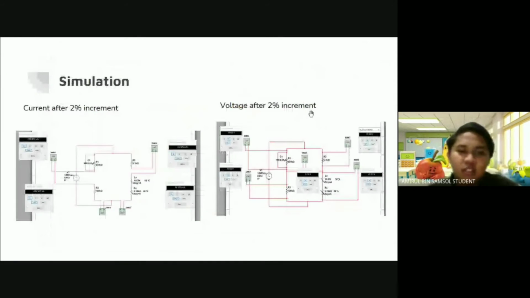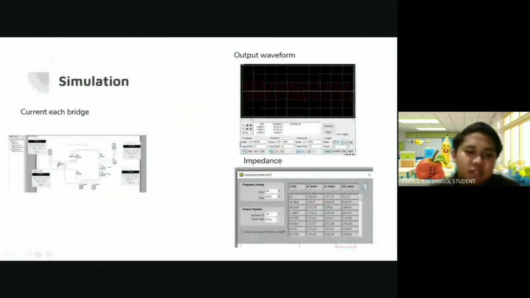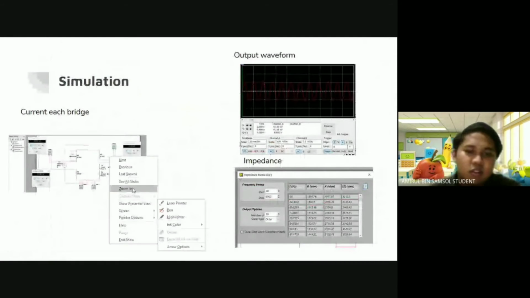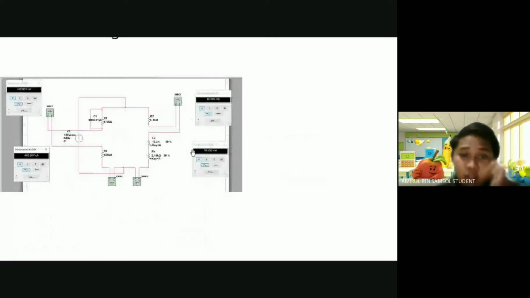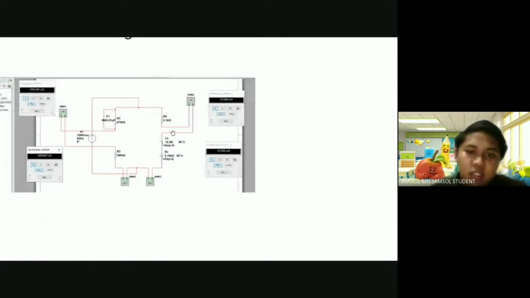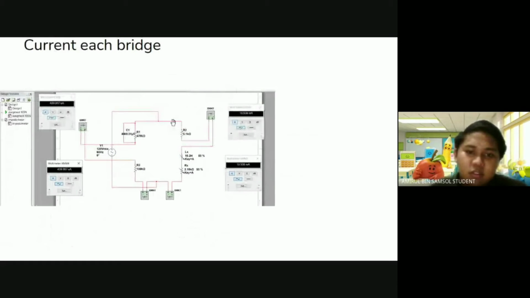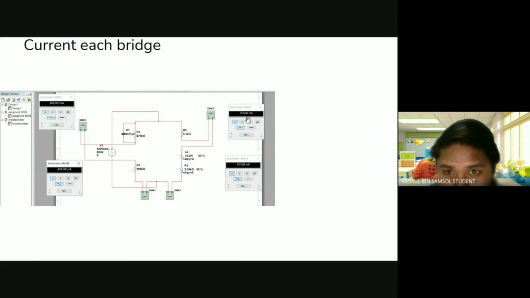For the current, by putting the Multisim in the circuit, you can see the current is 18.508 milliampere and 18.508, the same, because it's a series, and in a series the current is the same.